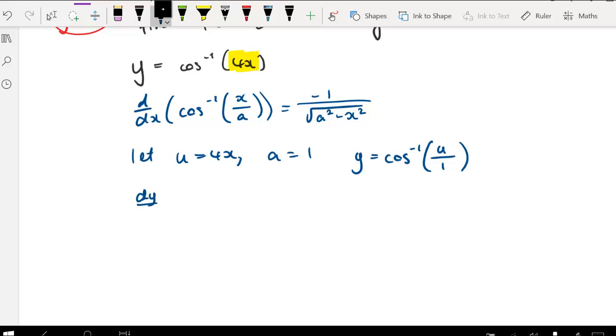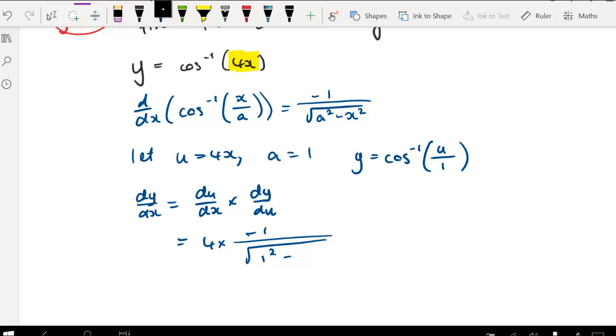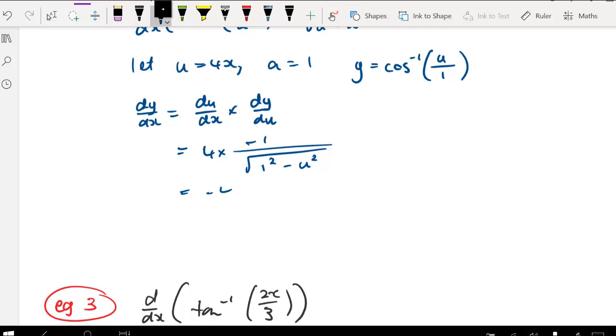So when we find this using the chain rule, dy/dx is du/dx multiplied by dy/du. du/dx will be 4, and dy/du will be negative 1 over the square root of a squared, which is 1 squared, subtract u squared, which means we end up with negative 4 on the square root of 1 take u squared.